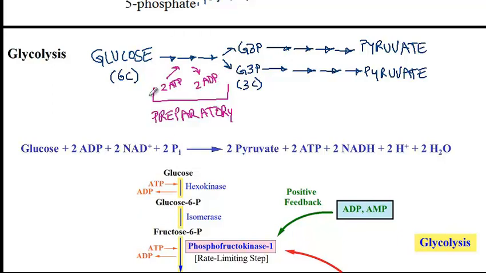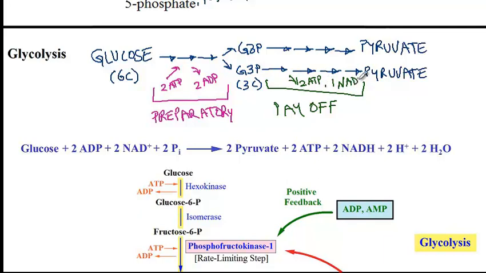And so it's consuming energy in order to get the reaction going. And then in the second phase of the reaction, which is called the payoff phase, each molecule of glyceraldehyde 3-phosphate will give 2 ATP and 1 NADH. So here we will also have 2 ATP and 1 NADH.